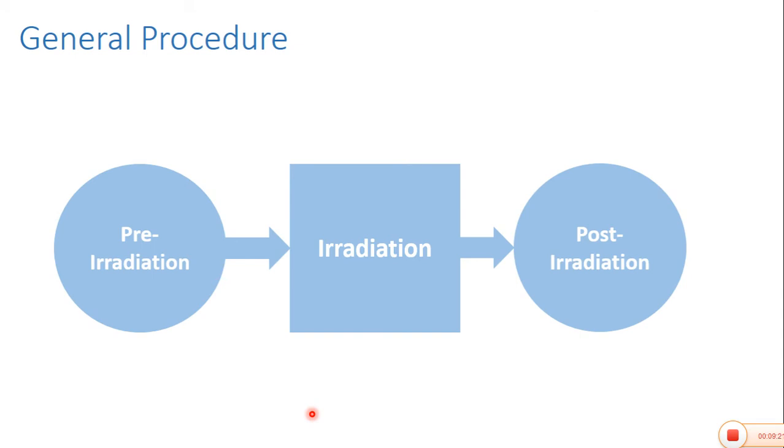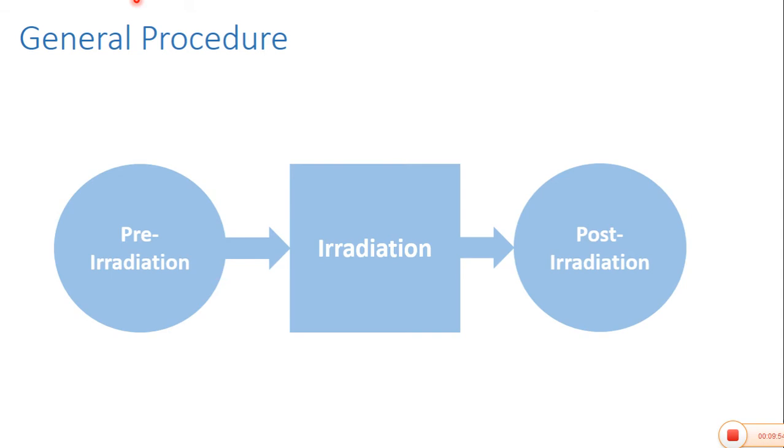Sometimes you would like to measure only one kind of element, but definitely you have to separate it from the rest of the material. In this aspect, you take help from the chemical separation process, which will help you get your particular type of element. So this is called the post-irradiation process.